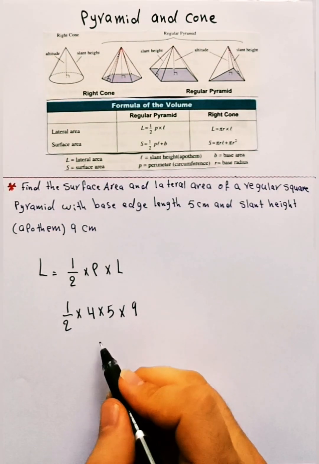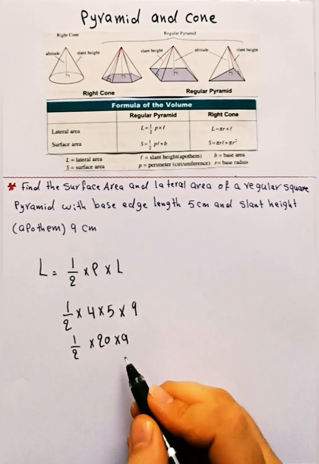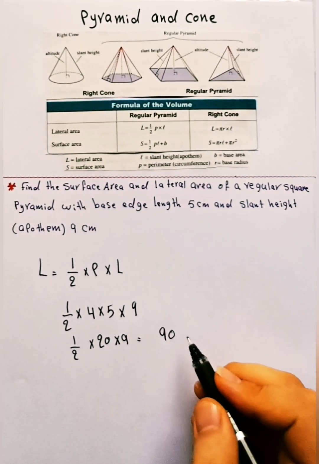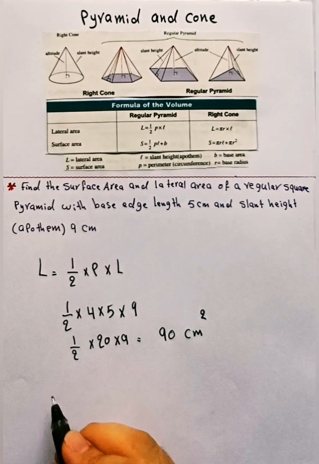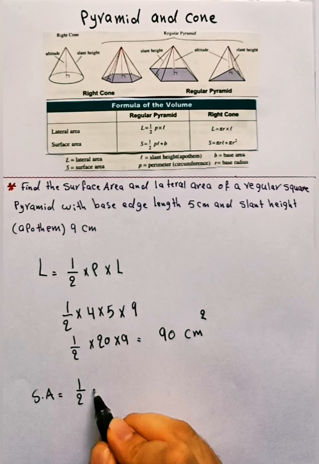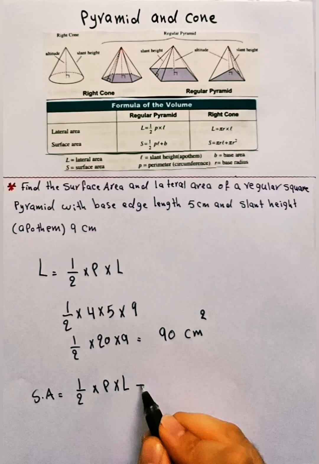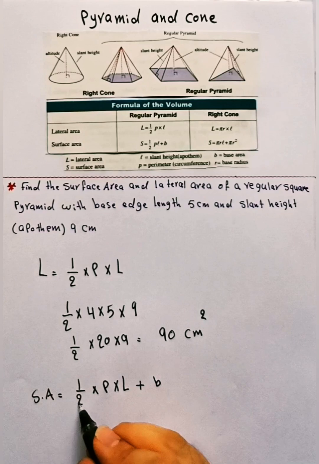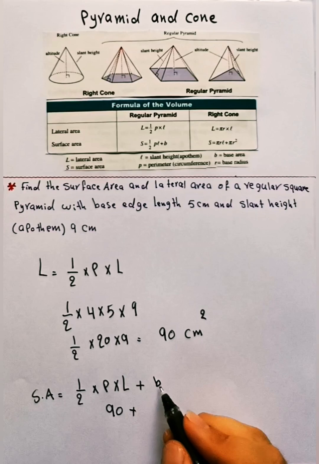So 4 times 5 is 20, multiply by 9, multiply by 1/2, and when we multiply these numbers we will get 90 centimeter square. After that, the surface area equals 1/2 multiplied by P L plus the area of the base. So the lateral area is 90 plus the area of the base.